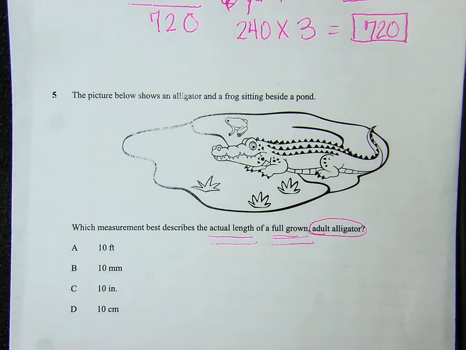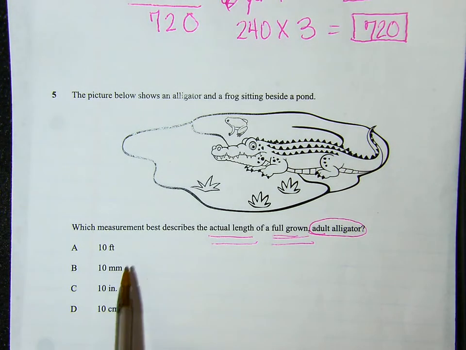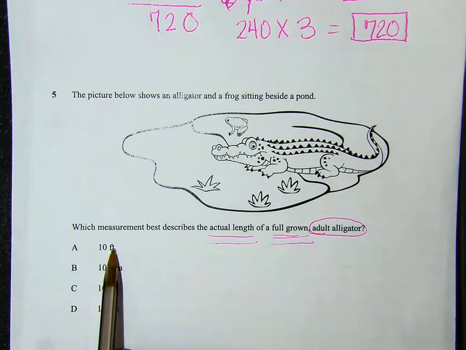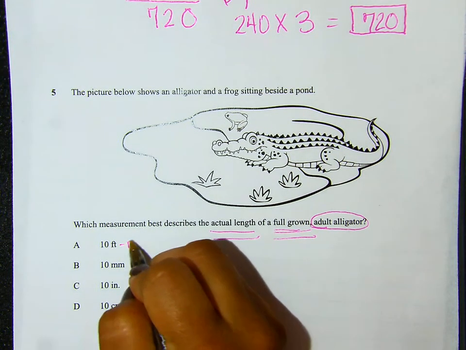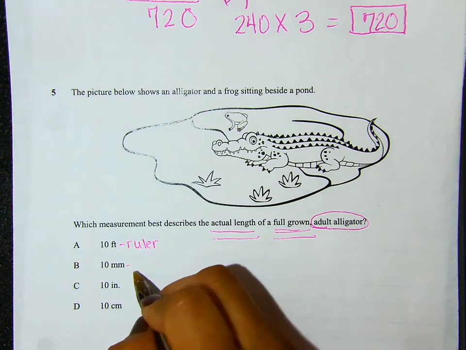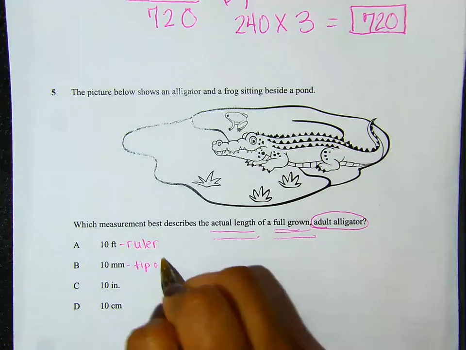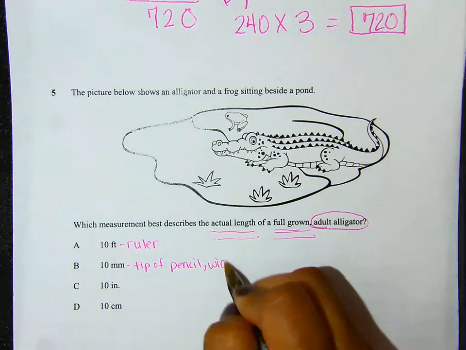All right, so let's look at this one. The first thing we're going to do is see what these measure. So a foot measures what? It's about the size of a ruler, right? A millimeter, tip of a pencil, width of a dime.